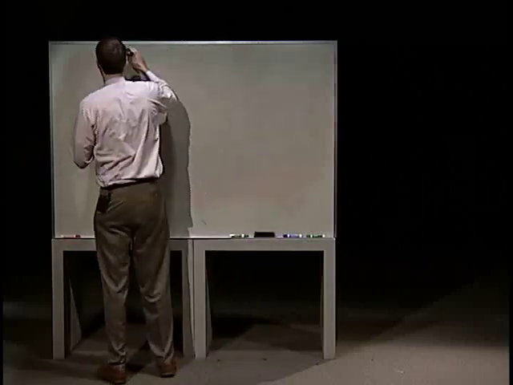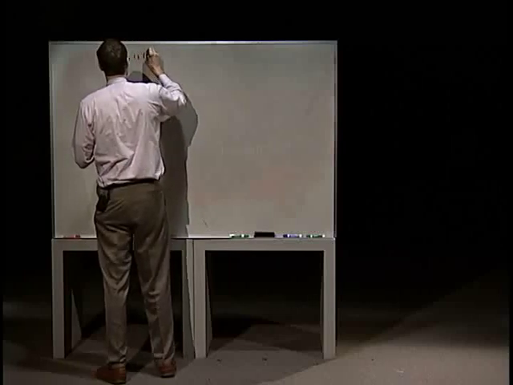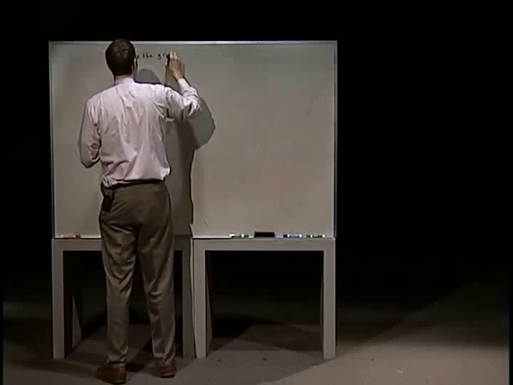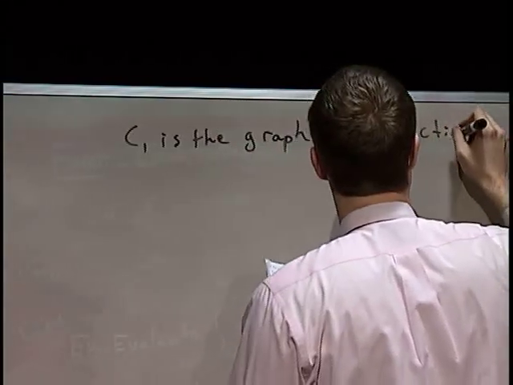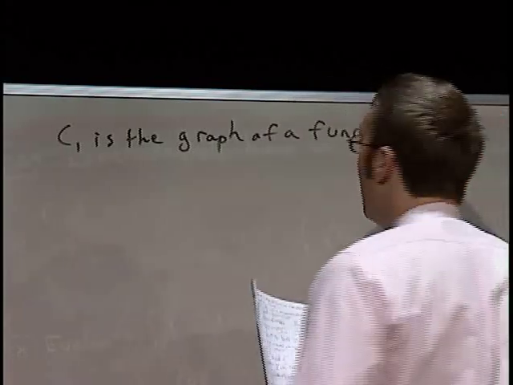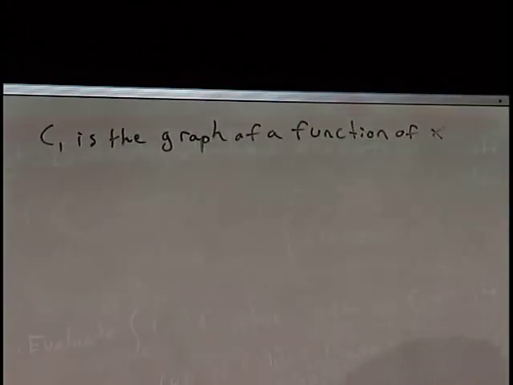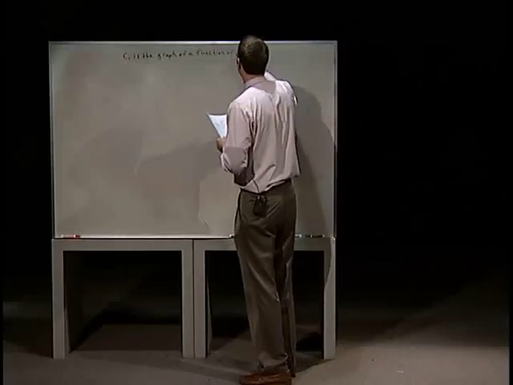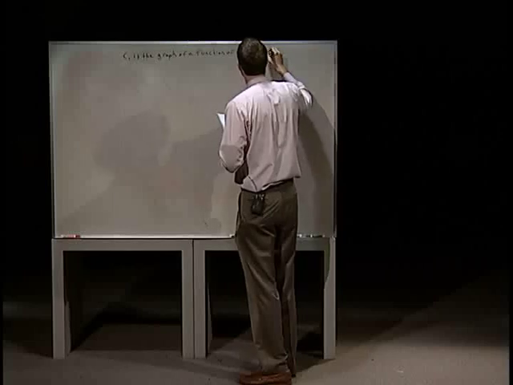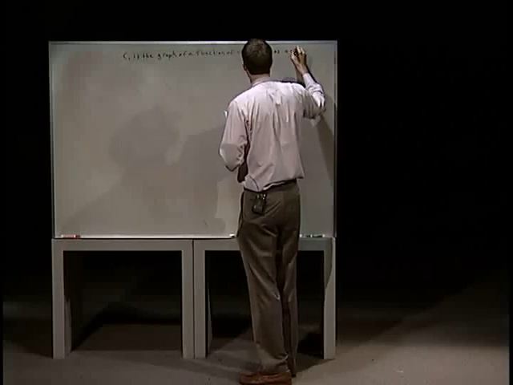So now, C1 was that parabolic arc, and that's the graph of a function of x. So we can use any parameter that we want to. We don't need to feel addicted to t. So this is a function of x. We may as well use x as a parameter.